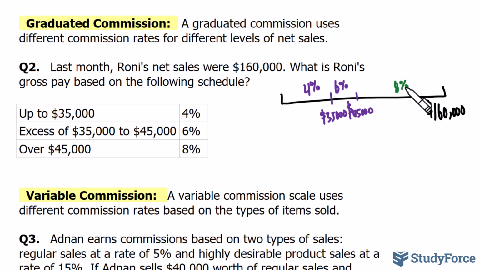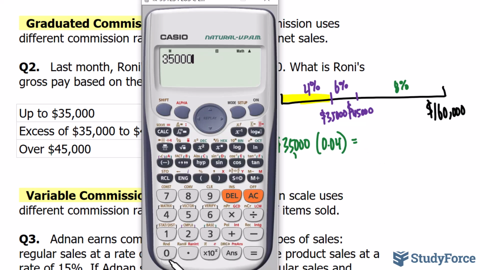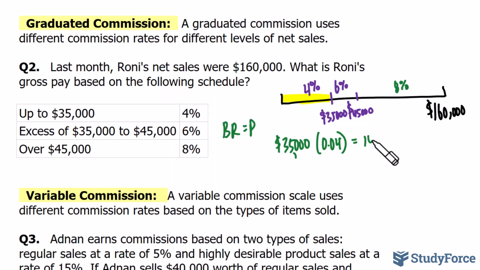So to find out how much was made for the first $35,000, you simply take $35,000, and using the same formula as before, B times R is equal to P, we take $35,000 and multiply it by the rate of 0.04. Let's use our calculator. 35,000 times 0.04 gives us 1,400.